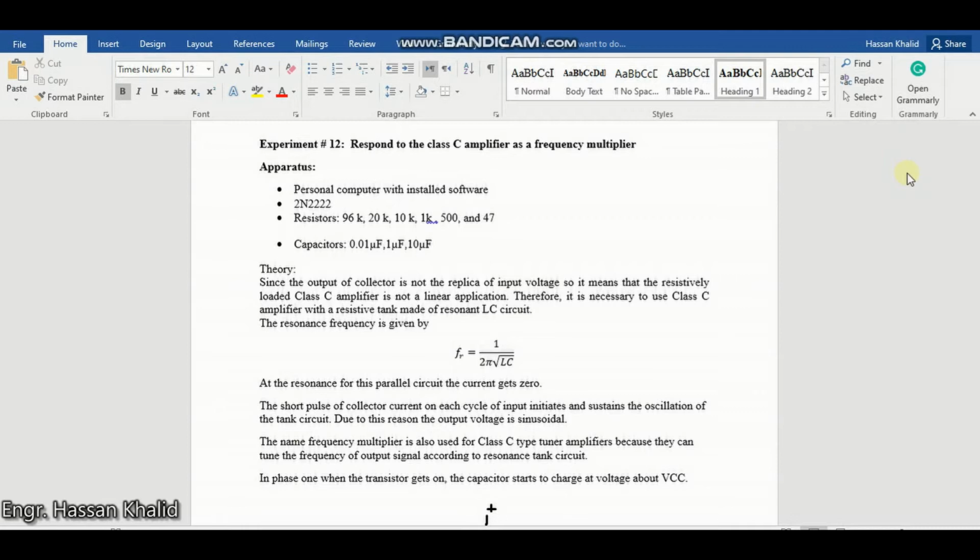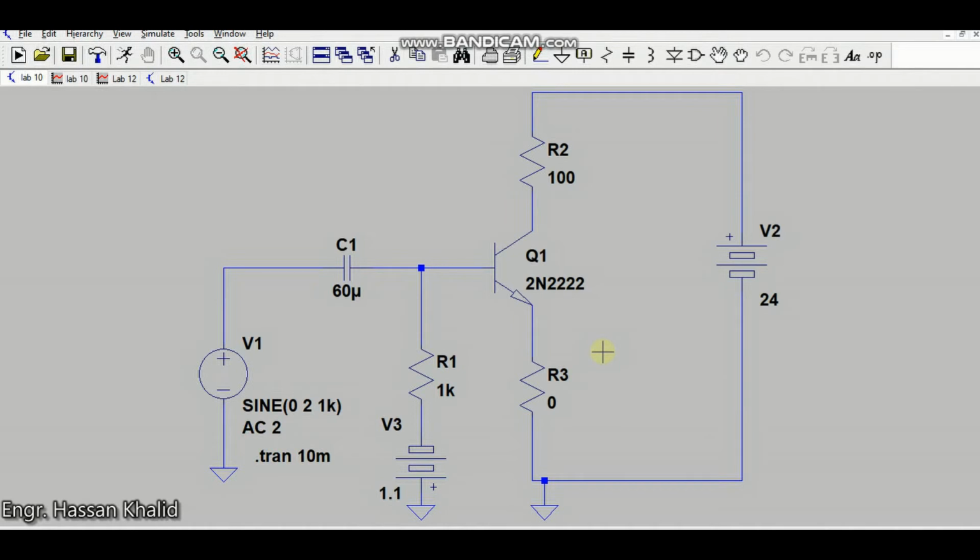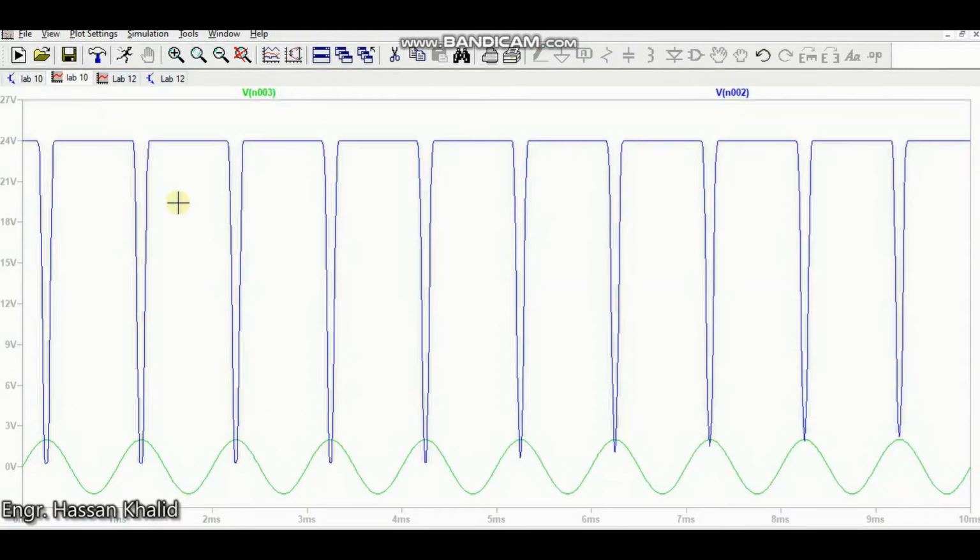As we know, previously when the output was observed, it was expected to be sinusoidal, but practically the output was similar to that of a digital circuit, where you can see that the output is either at a maximum of 24 volt or at 0 volt.